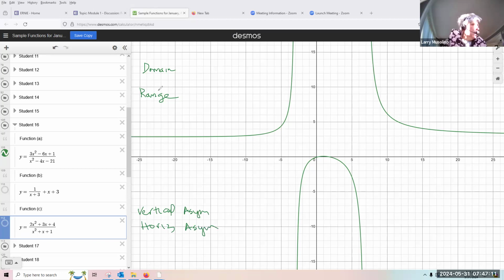How about domain? Domain is really asking you what are the x values that the function can take on? You might say, can't x be any value at all? No, not necessarily, because there are a couple of constraints on the values x can take on. First of all, you can't let x take on a value that would cause division by zero. Division by zero is not allowed.